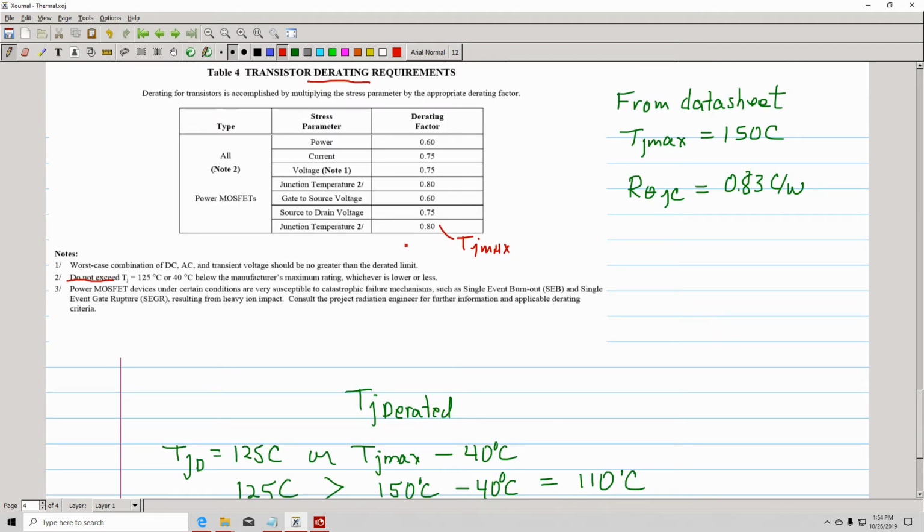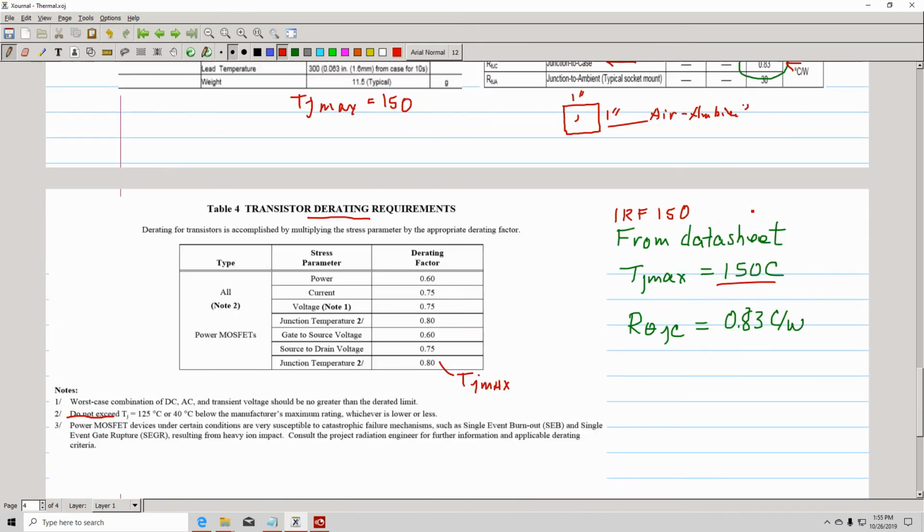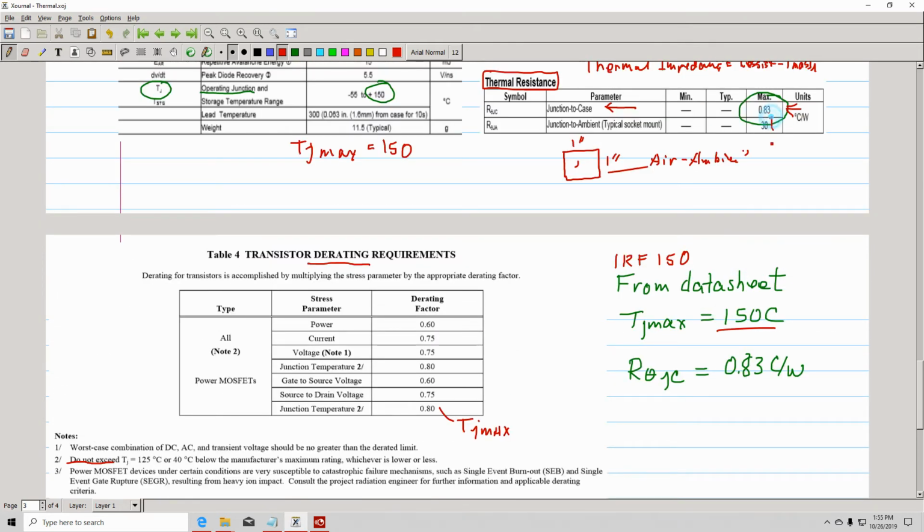Okay, so let's see if we can do a little example from that. Here, from the IRF150, we know that TJ is 150, and we're going to use an R theta JC of 0.83, which is right there.